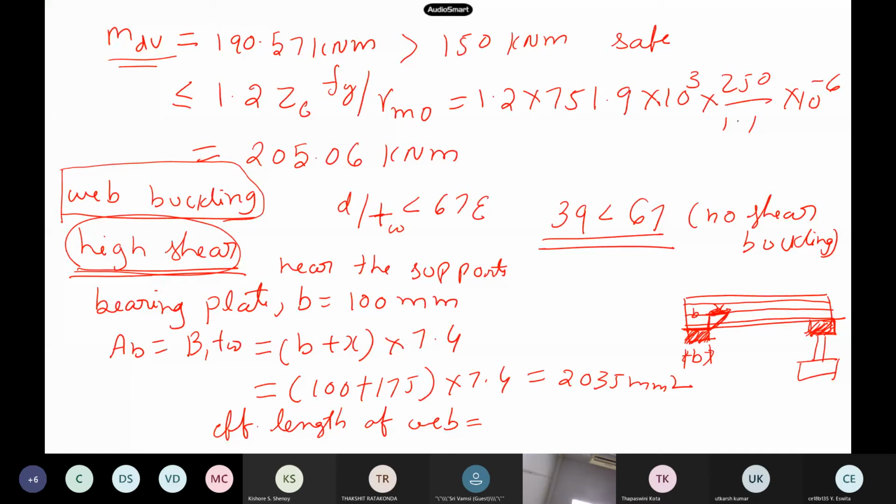So here also the effective length is found assuming the web is fixed, due to the restraint of the flanges. If it is not fixed, you have to assume something else, and based on that you can take the effective length of the web. If it is fixed, then it turns out to be 0.7 times d. So 0.7 into 295.2 turns out to be 206.64 mm.